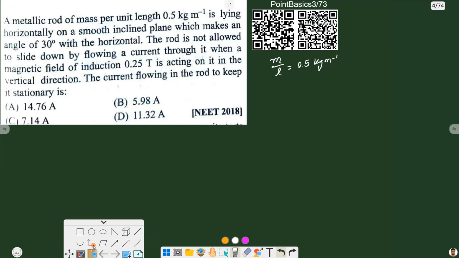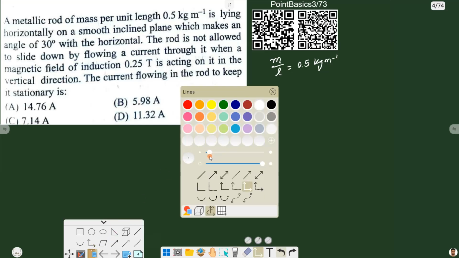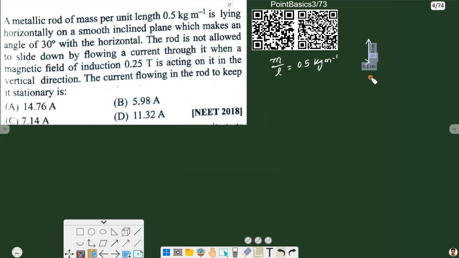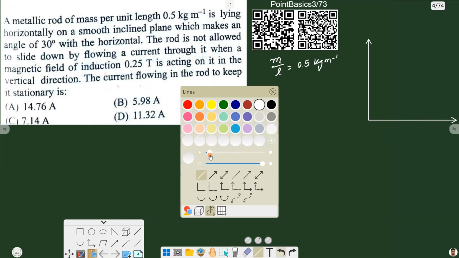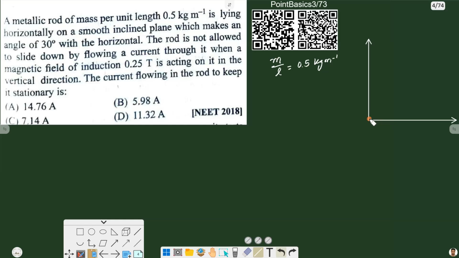So let's first draw our coordinates. Suppose these are our coordinates and we have a rod making an angle of 30°.